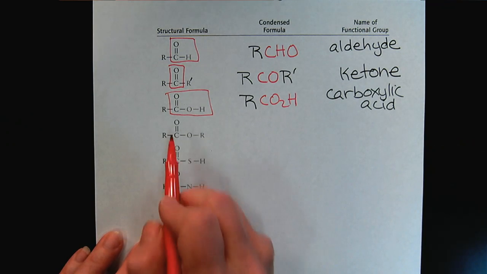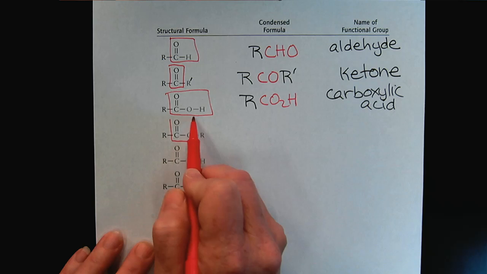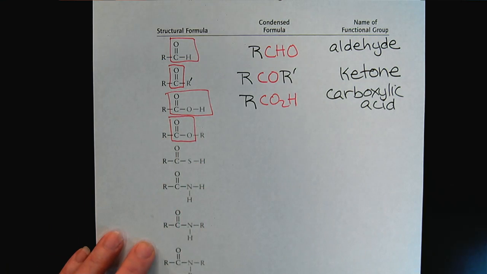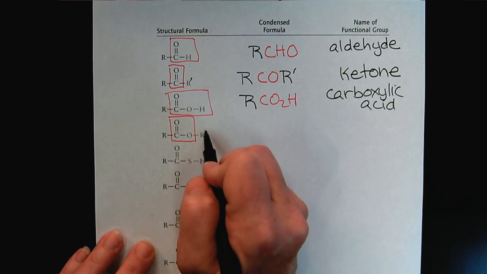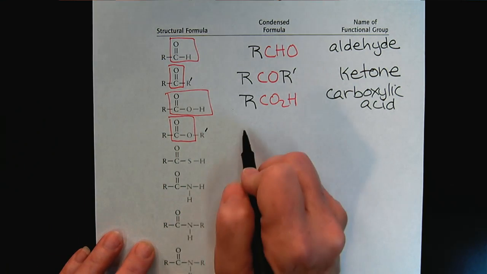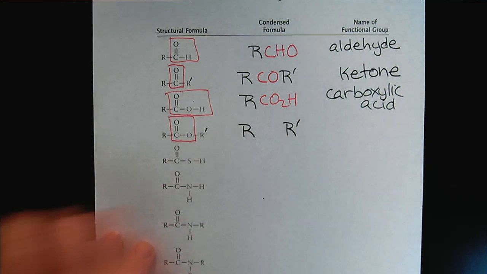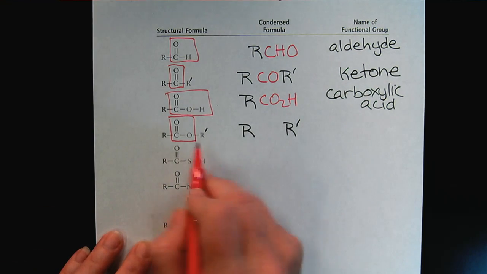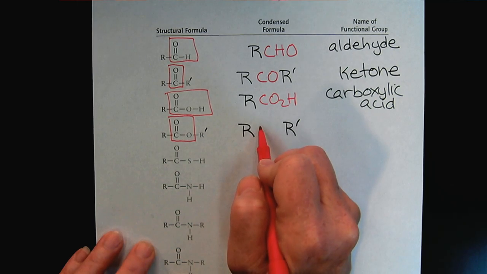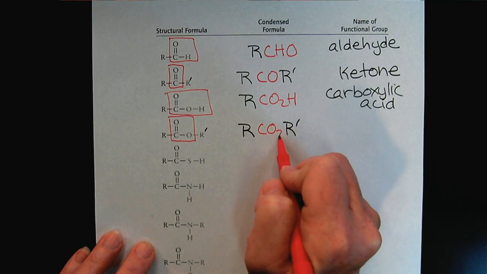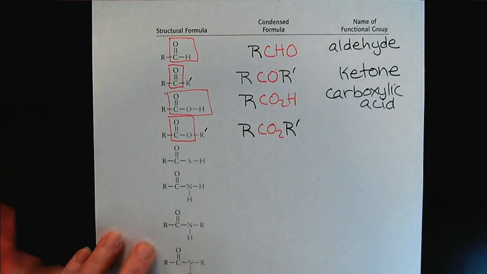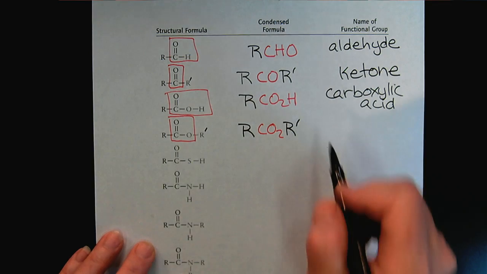Okay. Now, here again, here's our C double bond O. In this case, the hydrogen has been replaced with an R group. So we will sandwich that in the middle. So now between the two hydrocarbon chains, we will have the carbon with the two oxygens. And we will describe this as an ester.